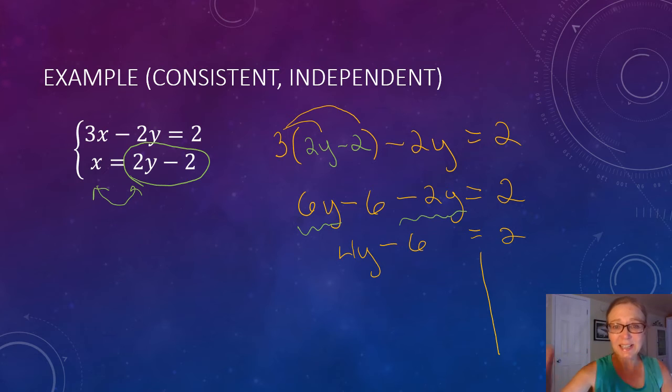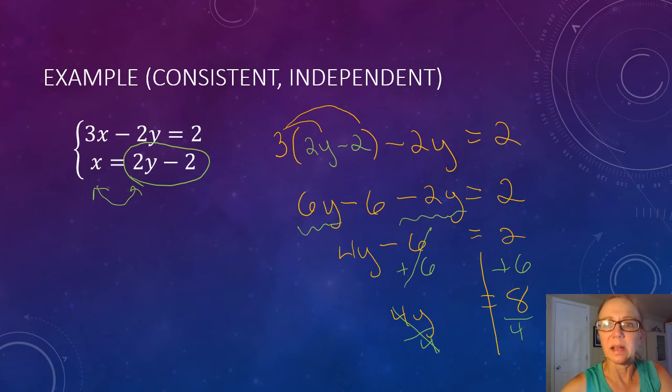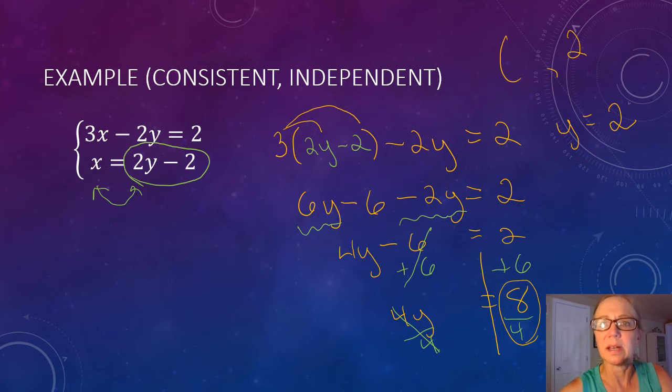Now I'm going to isolate y by adding 6 to both sides. This makes a 0. Now I have 4y on the left equals 8 on the right, and then I divide both sides by 4 and I isolate my y value. I get y equals 8 divided by 4, which is 2. And that is the y coordinate of my answer.